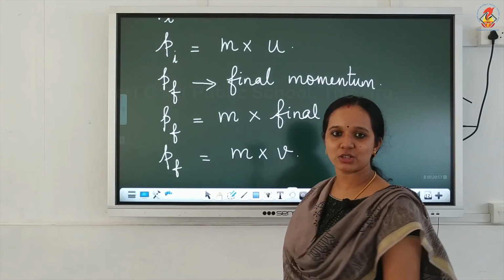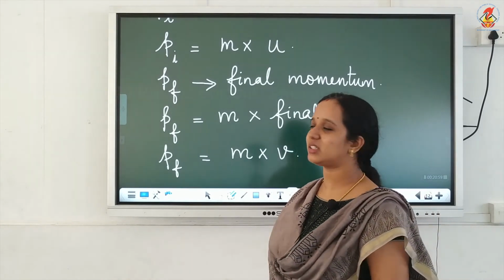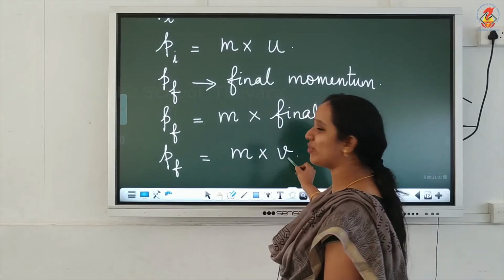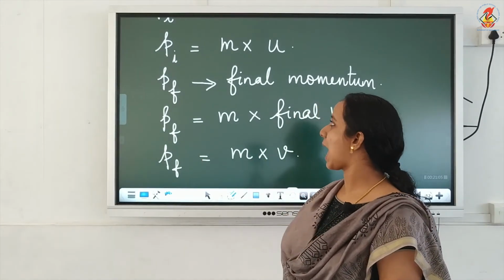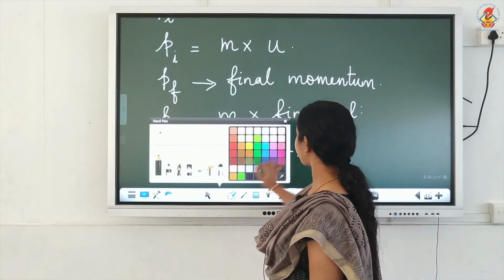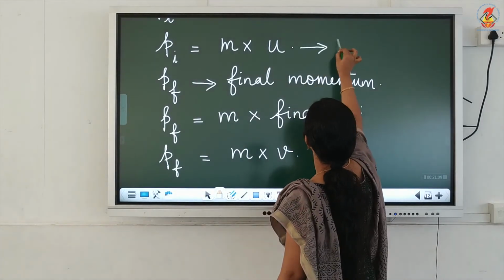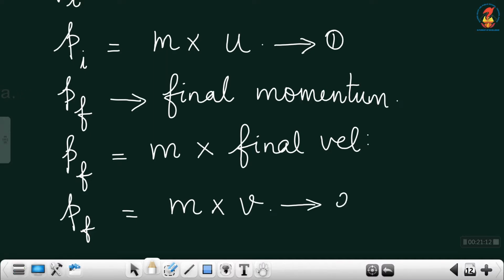On the application of force, the velocity u changed to v, the final velocity. Hence, the final momentum is m into v. Mark this as equation number 1 and this as equation number 2, the equations for initial momentum and final momentum.